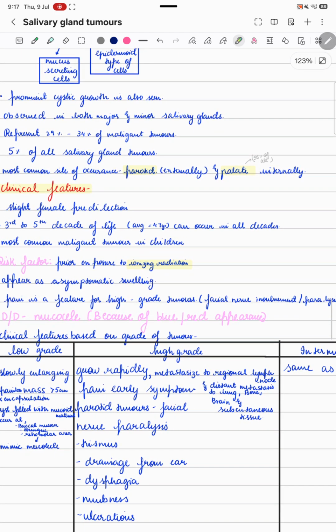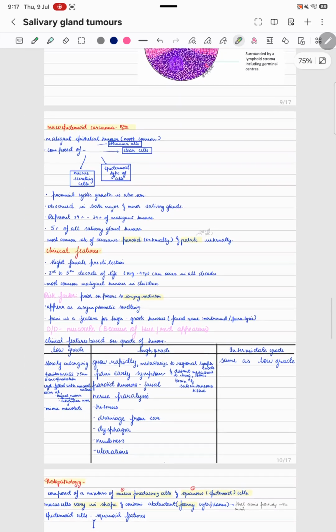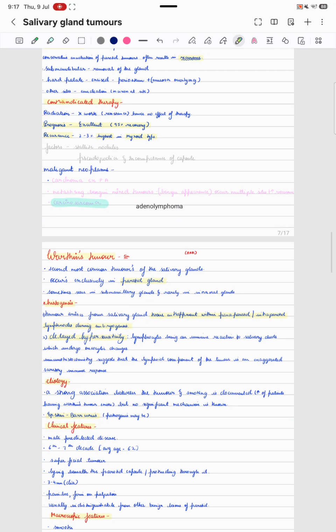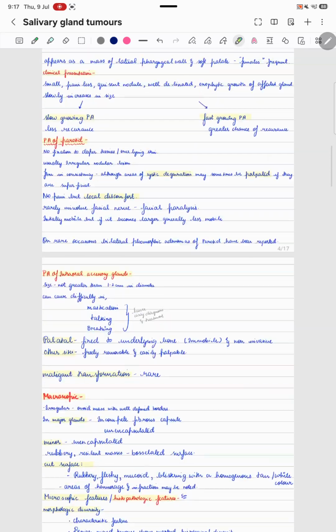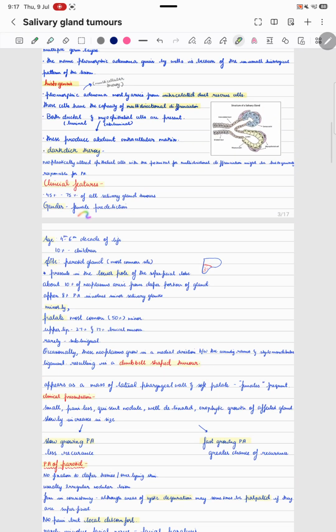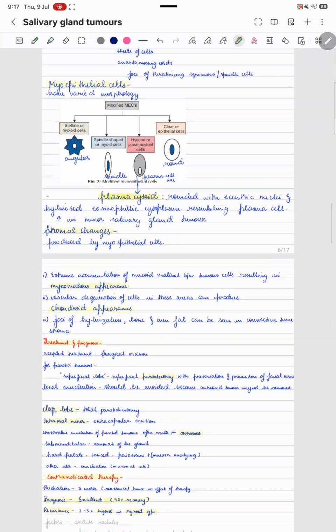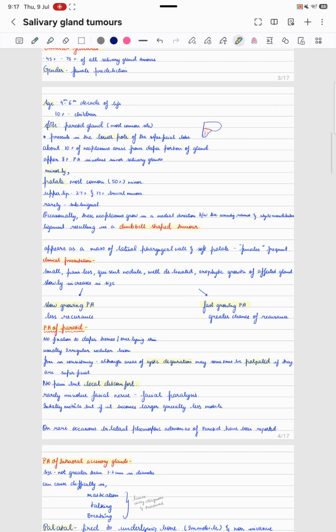Then you have clinical features, which is that it is slightly female predilected, as we read before. Now the difference is that mucoepidermoid is female predilected, Warthin's is male predilected, and PA is female predilected. So you see the major tumors are usually female predilected, right?